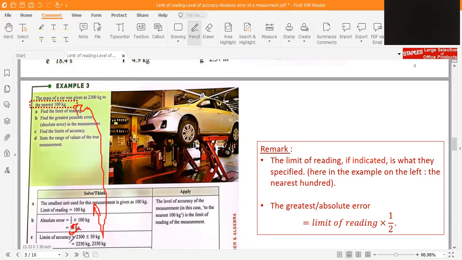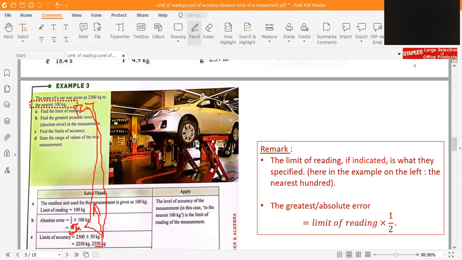So we subtract 50 from the original measurement: 2,300 minus 50, we obtain 2,250 kilograms. The upper limit equals the original measurement plus the error.